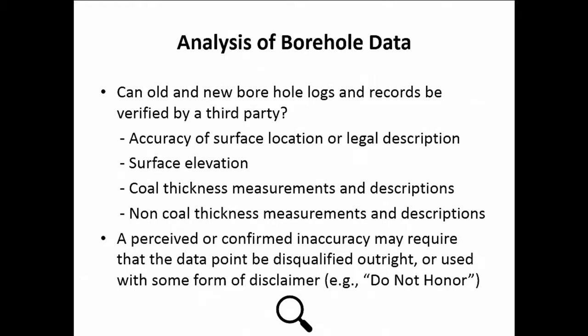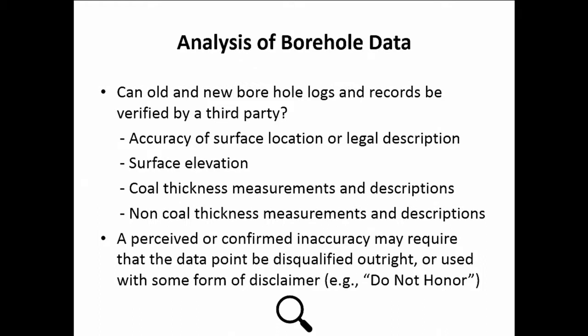How is the non-coal interval being treated in the report? It should be treated because it's part of the overall package that you're using to qualify your reserve and resource appraisal. As I said, confirmed inaccuracy may require that some data points that you see on the map should be disqualified.